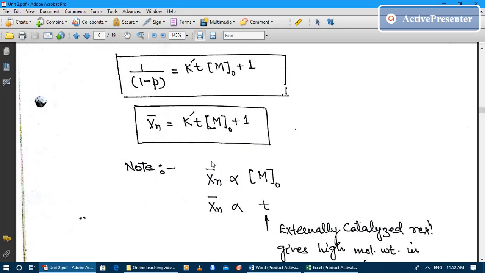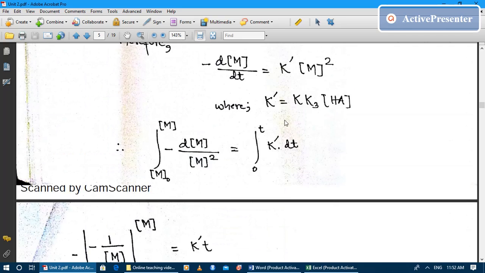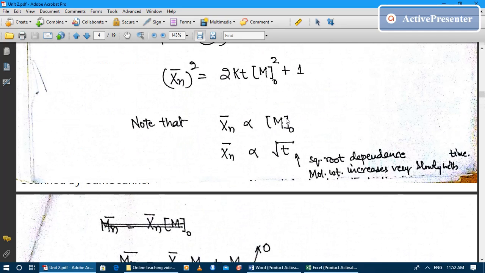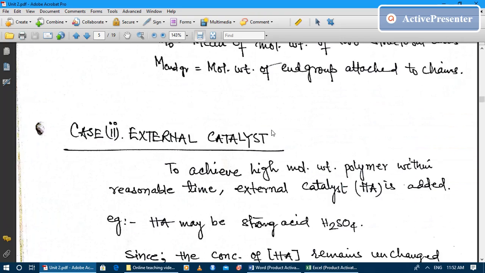So in case of externally added catalyst, the molecular weight or the number average degree of polymerization xn bar is directly proportional to M naught, the initial concentration of monomer, as in the previous case. In the previous case, this was also directly proportional to M naught.